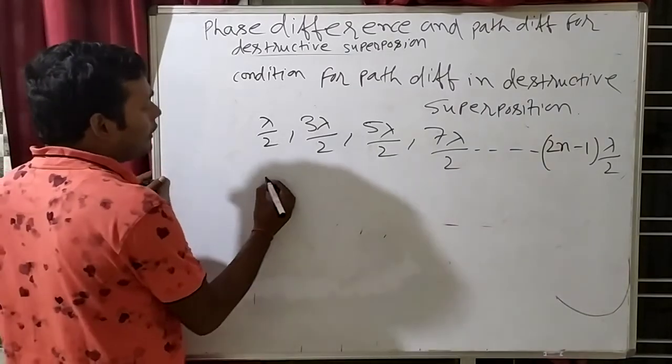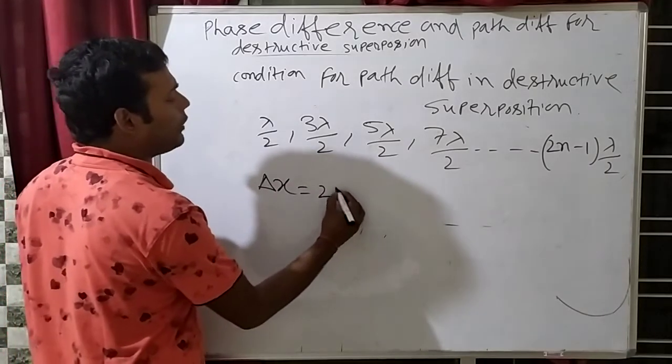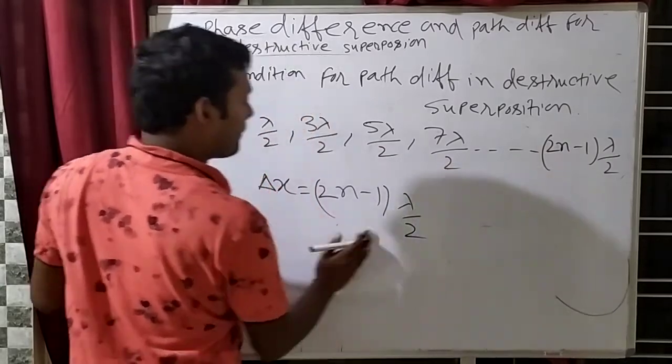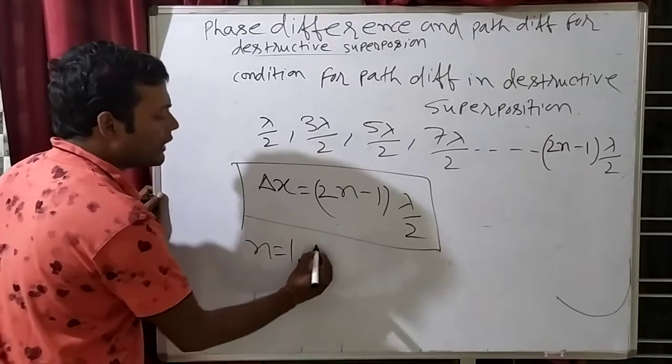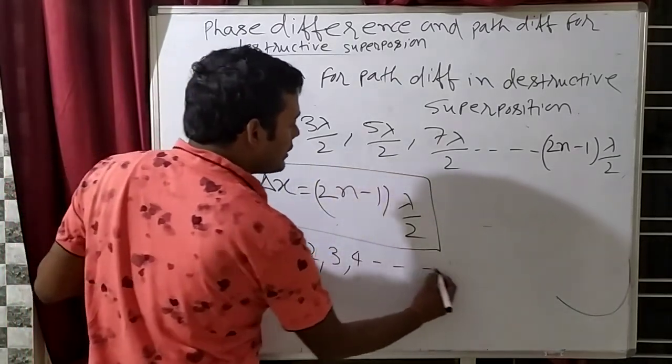That means the path difference, delta x, is equal to (2n minus 1) lambda by 2 for destructive superposition. And for destructive, n starts from 1. For constructive, n starts from 0.